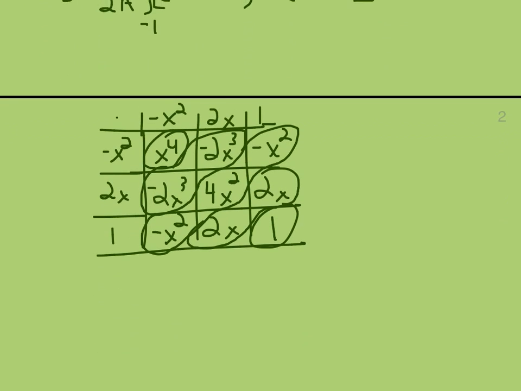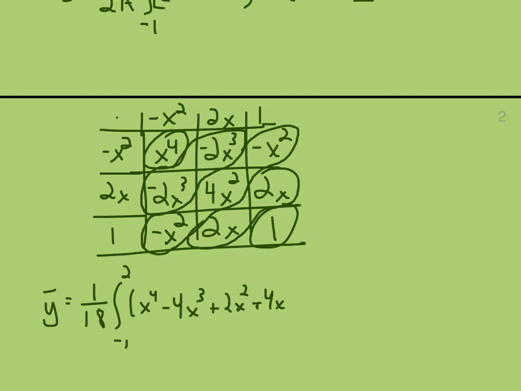So here's what we're looking at for y bar. 1 over 18, the integral from negative 1 to 2. First term is x to the fourth minus 4x cubed plus, looks like 2x squared plus 4x plus 1.